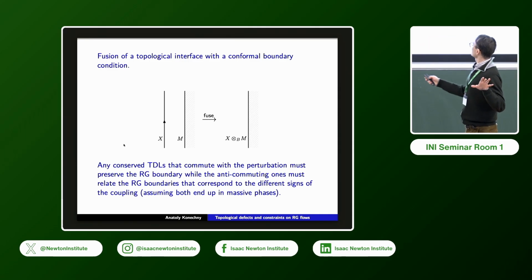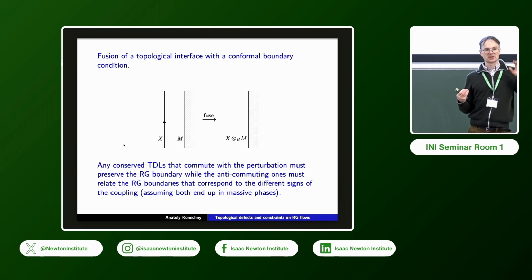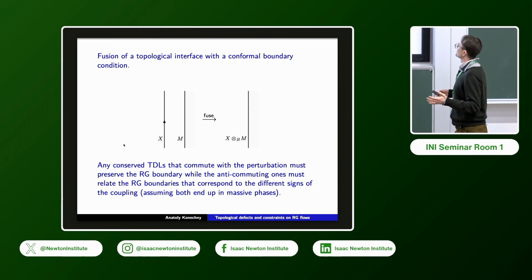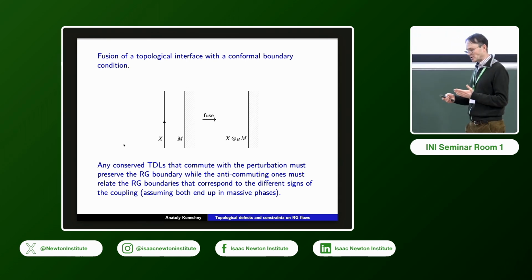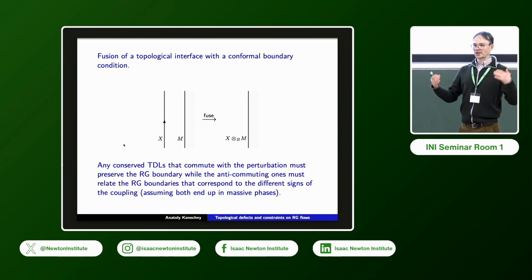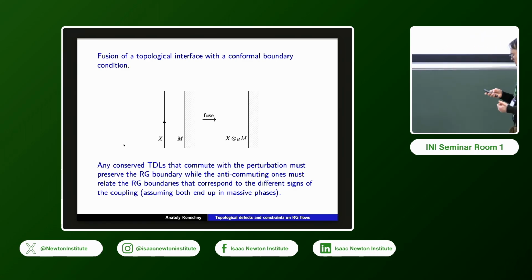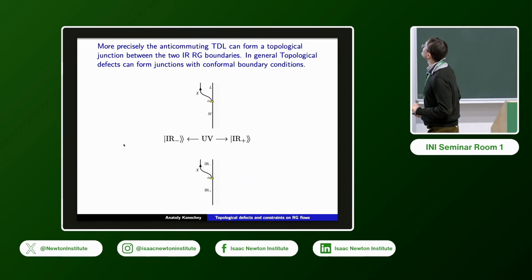And if you have any topological defect lines commuting with the perturbation, those should be present in each infrared phase. If you have anti-commuting ones, then they should be junctions between the boundary conditions on both ends and this topological defect. So I'll tell you more about junctions now.